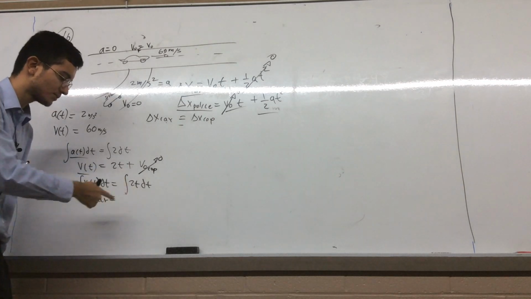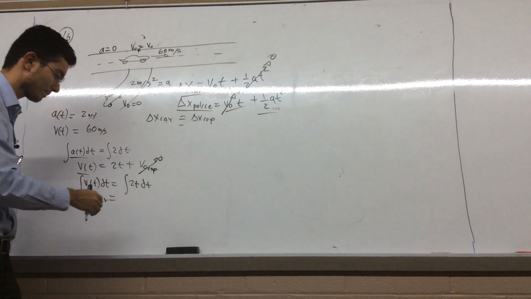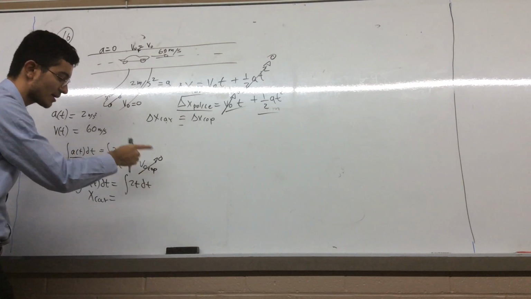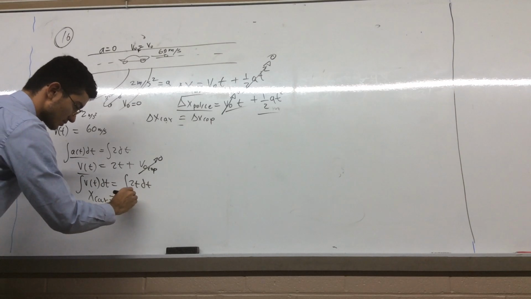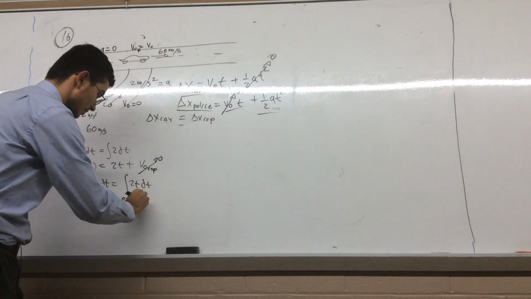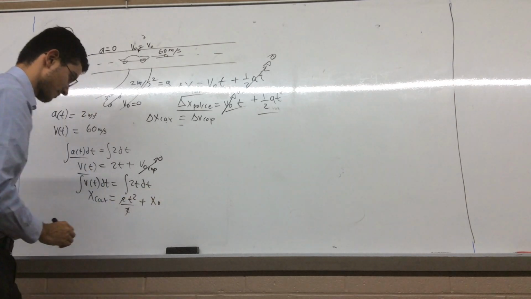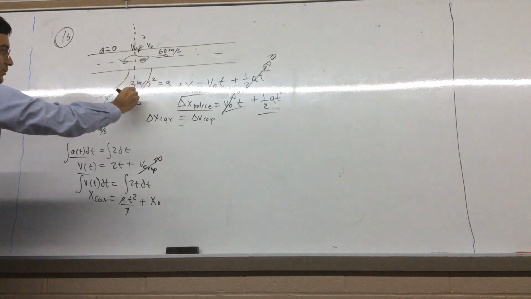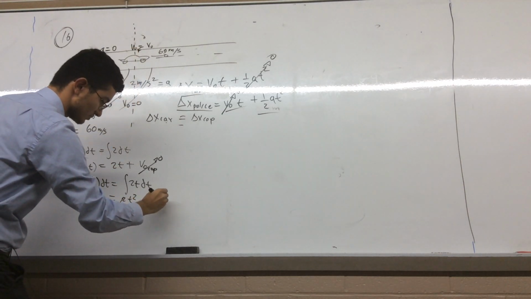The integral of the velocity function is the position function, so this is going to become x cop equals, what's the integral of t dt? You add 1 to the exponent, 1 plus 1 is 2, and you divide by that. So it's 2t squared over 2. This cancels out, plus an initial position of the cop, and we're going to say that this position is 0. So this goes to 0.